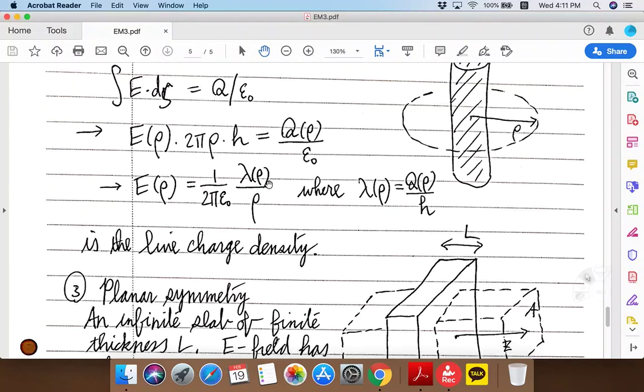This definition of linear charge density is simply the total charge enclosed by the cylinder out to the radius rho divided by the height of the cylinder. So this is the amount of charge per unit length along the height of the cylinder.